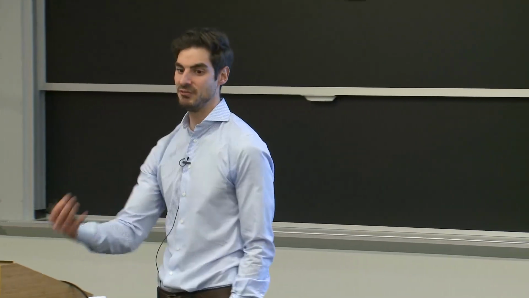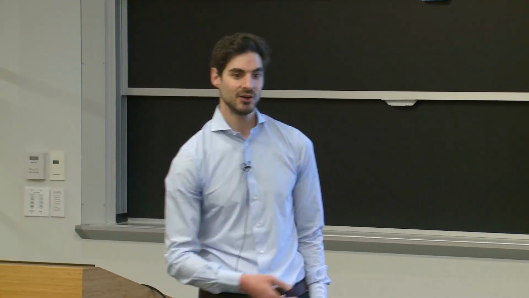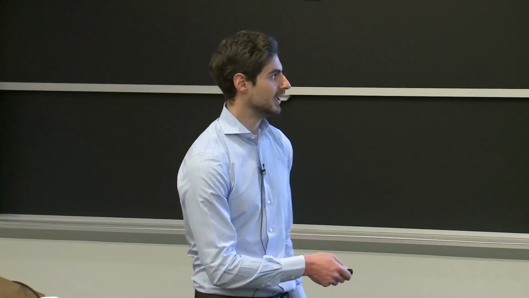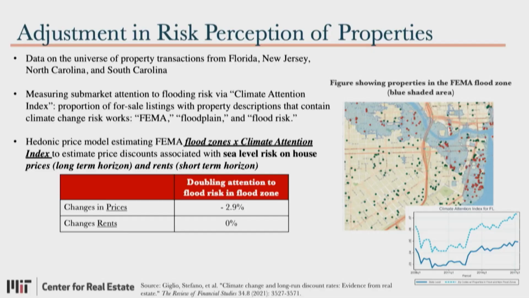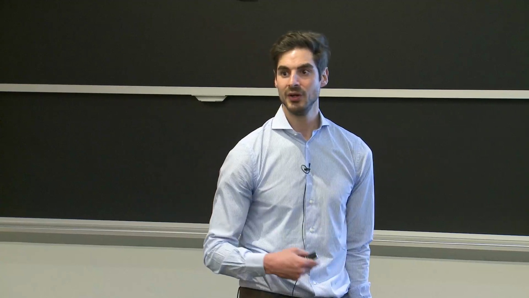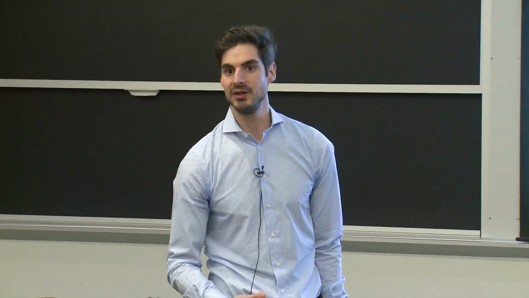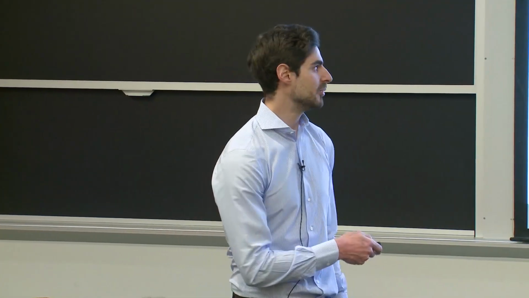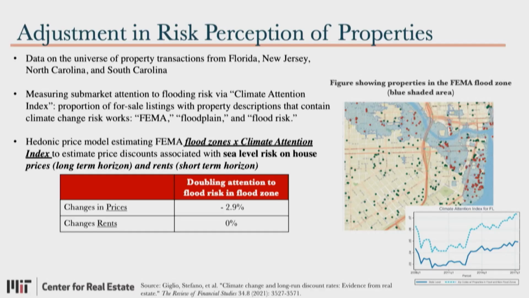Because if you have a sea view, if you have these condos next to the beach and so forth, you cannot easily compare the prices of those with properties that are in Midtown or in the suburbs. So the way that people are usually doing it is trying to compare properties with the same level of risk, but that have different saliencies of that risk.